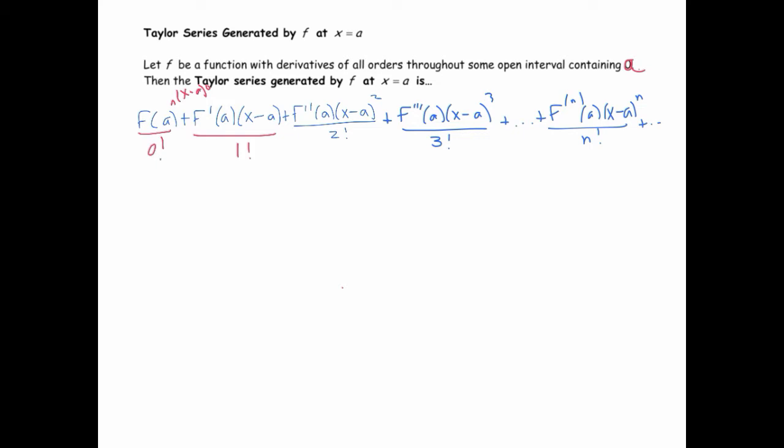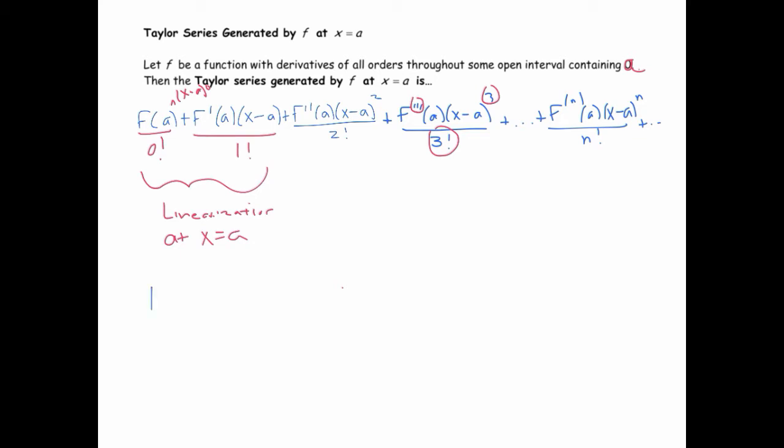A couple things again to notice is, as usual, the degree, the factorial, and the derivative you're taking all match. And the first two terms are your linearization. The other thing is your partial sum.